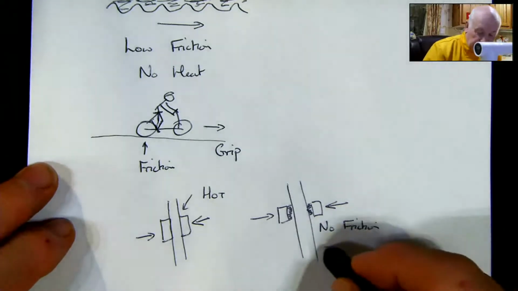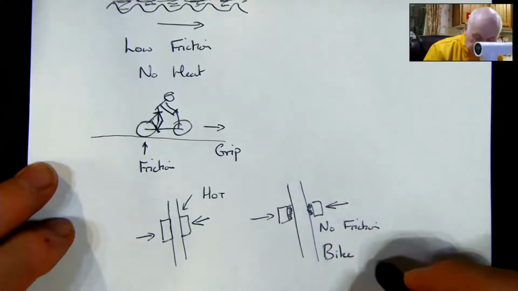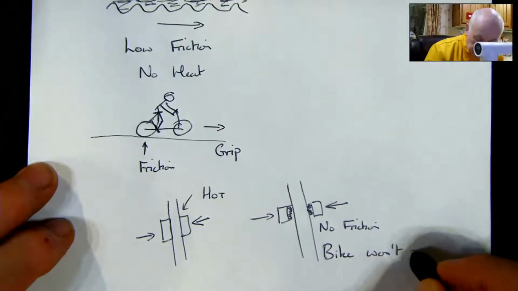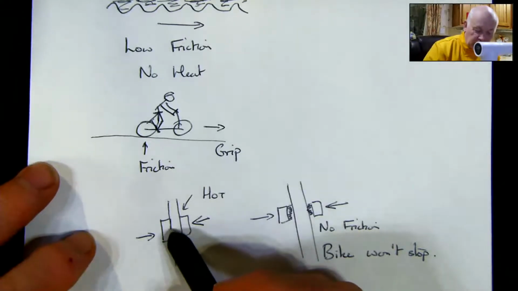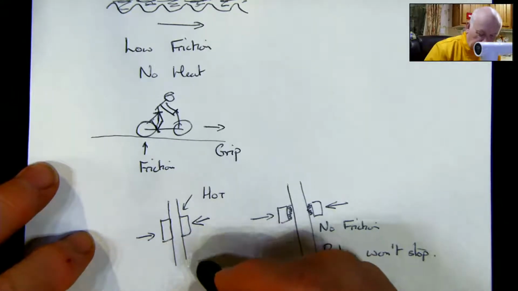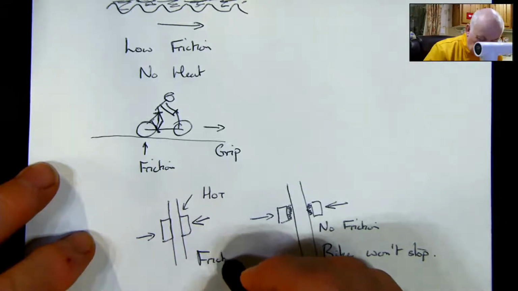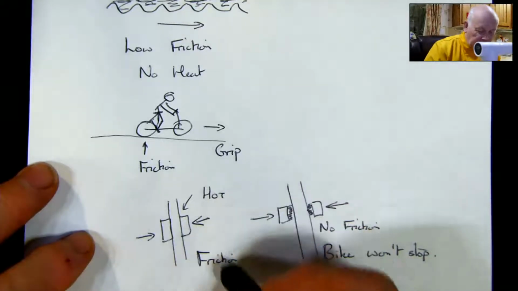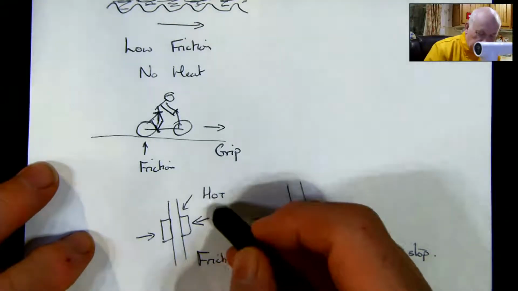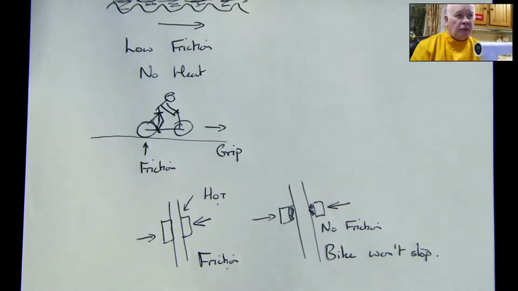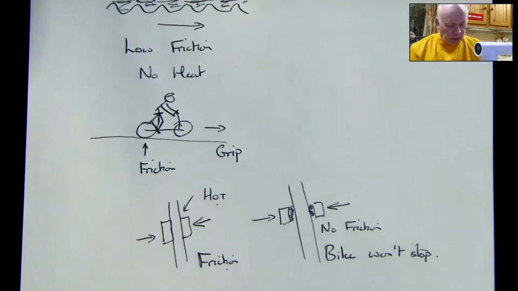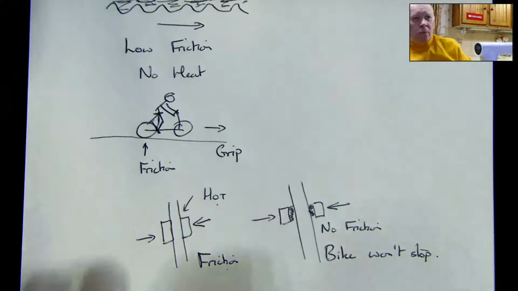And, surprisingly, the bike won't stop. Because it's the brakes squeezing against there, creating friction, that is stopping the bike, and the energy of movement is being turned into heat. So we get this idea of friction being simply when two things rub together.